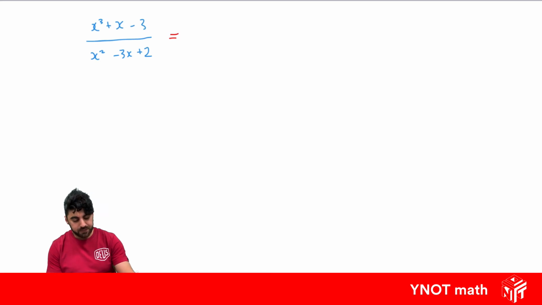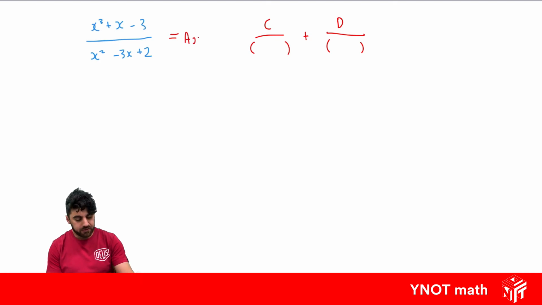We're going to write it as c over some factor plus d over some factor. But we're also going to have to add in a polynomial as well.